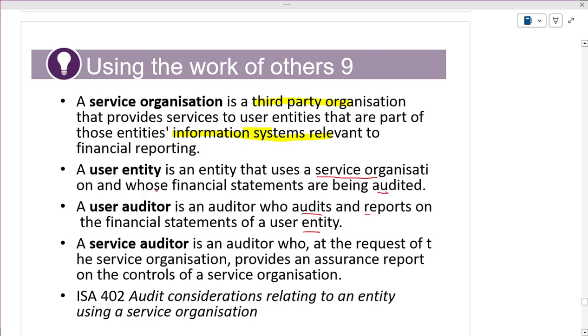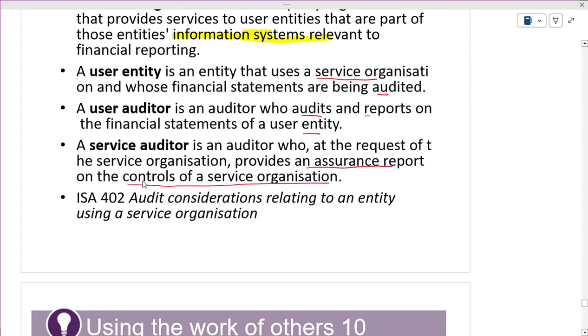Means there is a service organization, a user entity, a user auditor, and a service auditor, who, at the request of the service organization, provides an assurance report on the controls of the service organization. ISA 402 is audit considerations relating to an entity using a service organization.